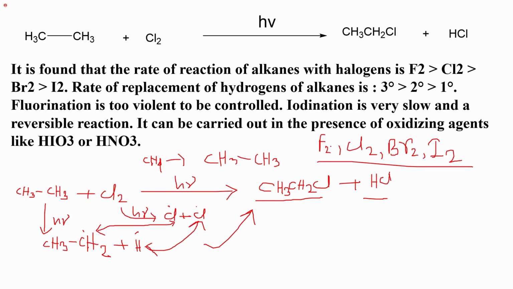Fluorination is too violent and not controllable. Chlorination can happen easily, and chlorination is much faster compared to bromination, and iodination is too weak and too slow and a reversible reaction. So if you want to do iodination of an alkane, then we need a higher oxidizing agent.